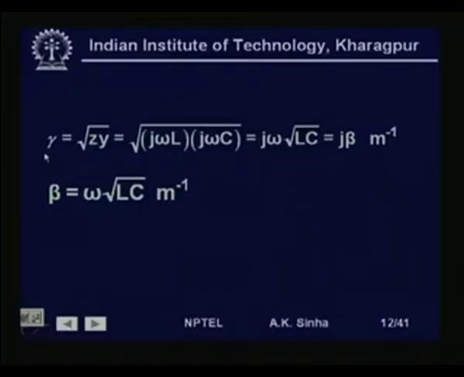Similarly, the propagation constant gamma is equal to the square root of ZY, which will be equal to the square root of j omega L into j omega C. This comes out to be j omega root LC, which we write as j beta, because we find that this term is now purely imaginary, and therefore we have only an imaginary term for the propagation constant, or it is in terms of only the phase constant.